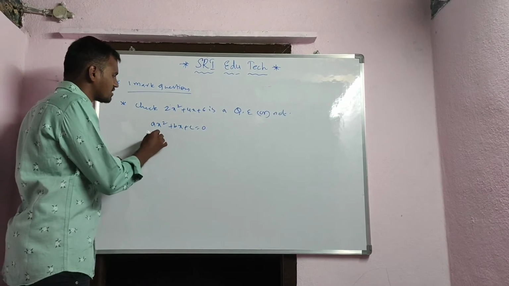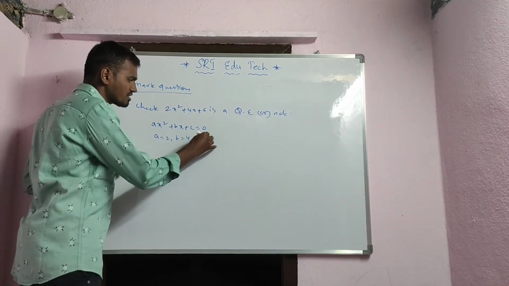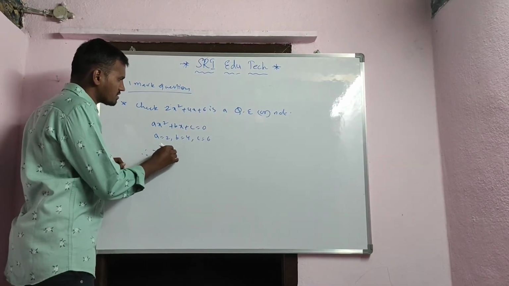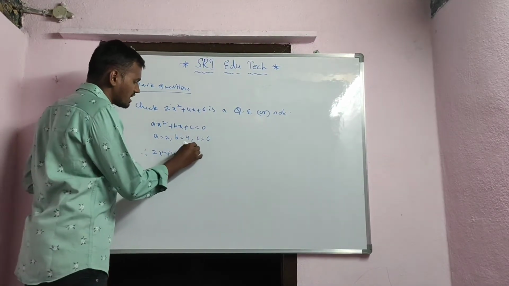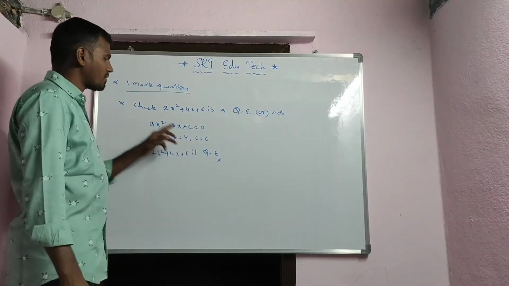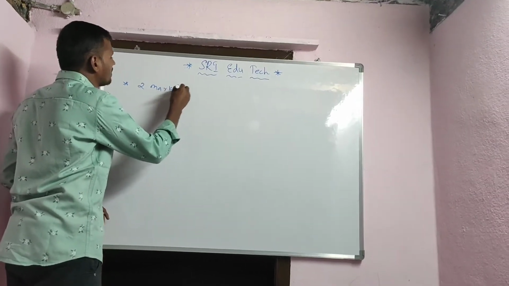In this, a is equal to 2, b is equal to 4, c is equal to 6. Therefore, 2x square plus 4x plus 6 is a quadratic equation. This is the 1 mark question.